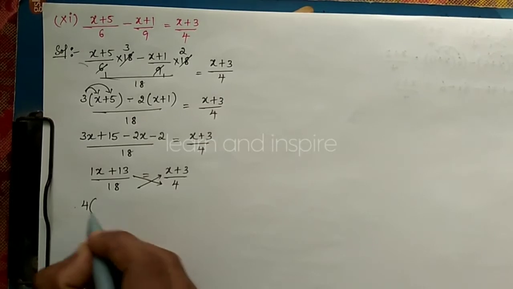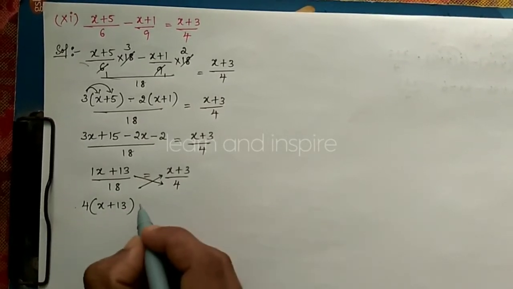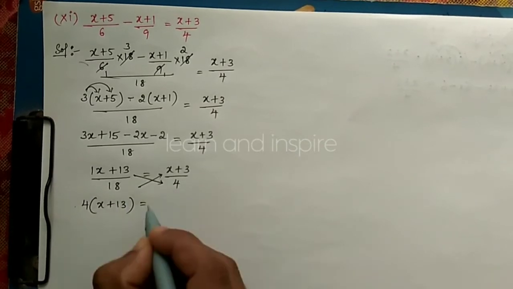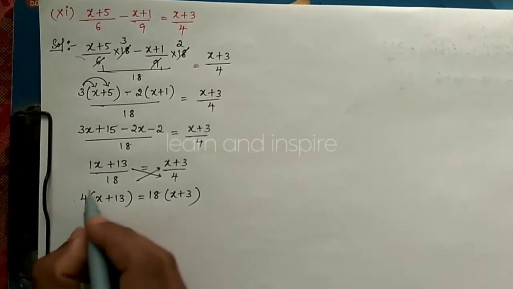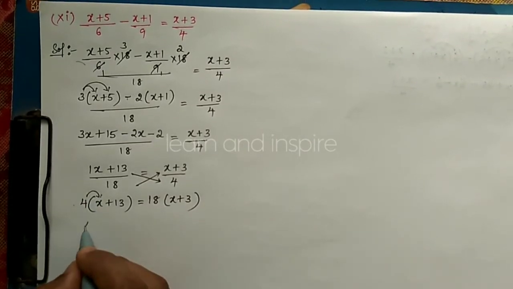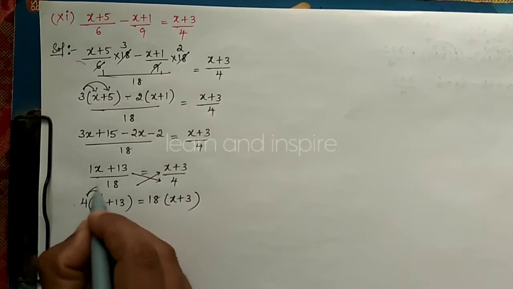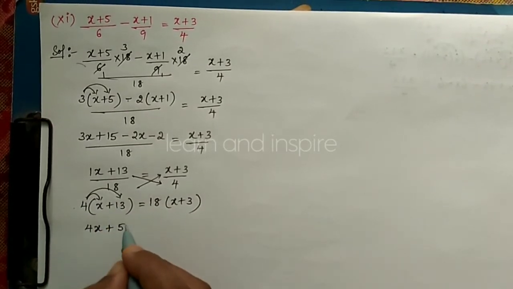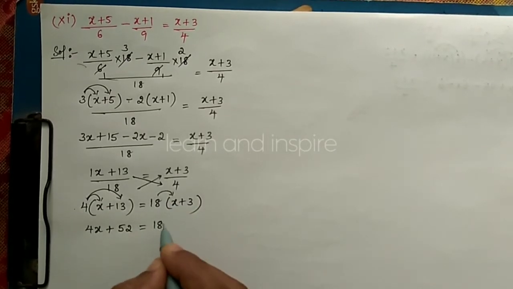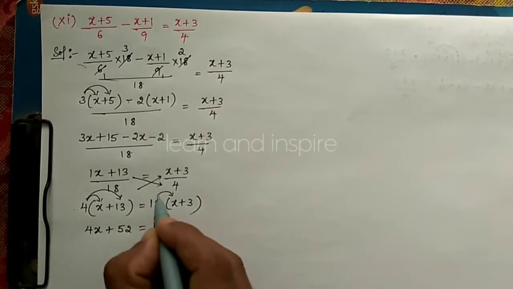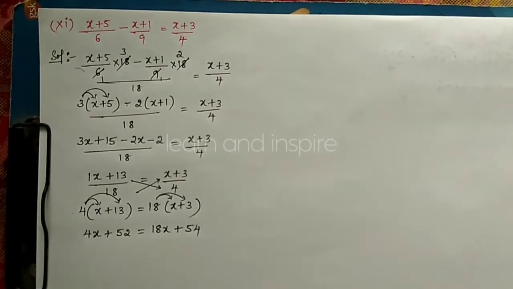4 into x plus 13, 1x is nothing but x, is equals to 18 into x plus 3. Now multiplying with 4, 4 into x is 4x plus 4 13s are 52 equals to 18 into x is 18x plus 18 3s are 54.